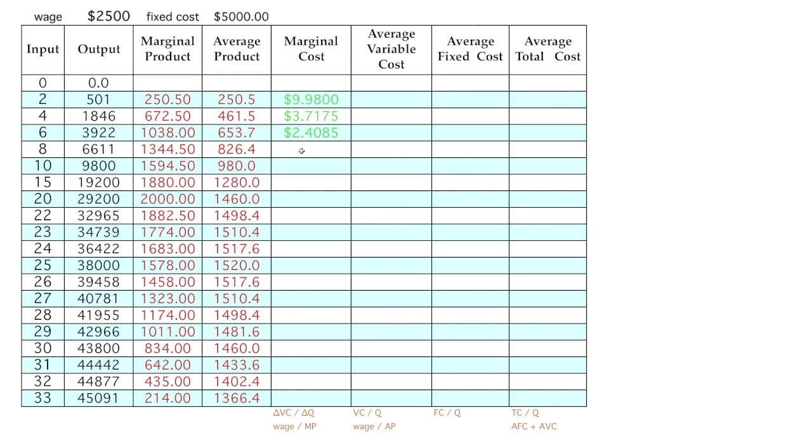The next line of the table, you've got again, change in variable cost divided by the change in input, or if you like, change in variable cost divided by change in the output. Change in variable cost is 2 times 2,500, which is 5,000.